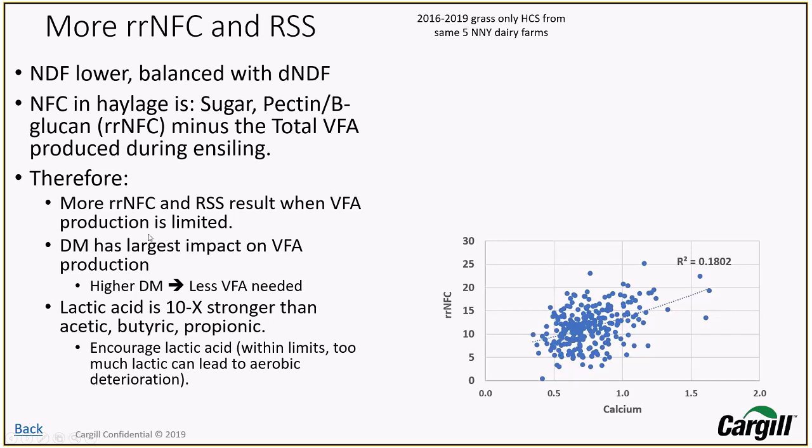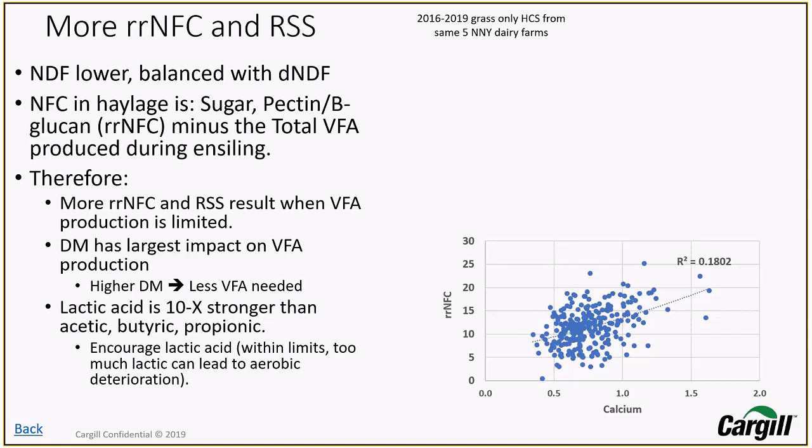How are we going to accomplish that? All the ways that we talked about in terms of air, dirt, and water in the previous segment, to get that fermentation to be dominated by lactic acid. One key way is going to be through dry matter. Dry matter probably has the largest impact on VFA production, not only because it produces more lactic acid, which is very important, but because the water basically will dilute the silage acids that are made, and they won't be as effective because they're diluted by the water of the plant.